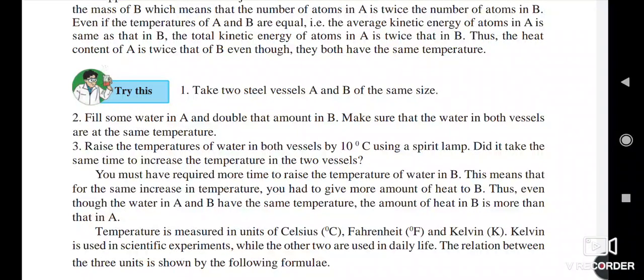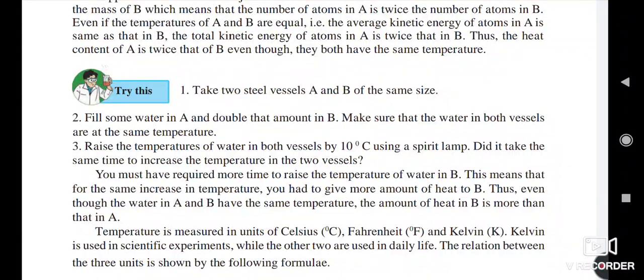What will happen? We will require more time to raise the temperature of the water in B, because the amount of water is double that in vessel A.